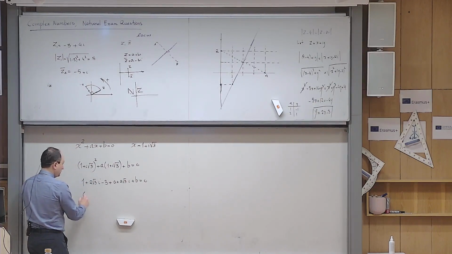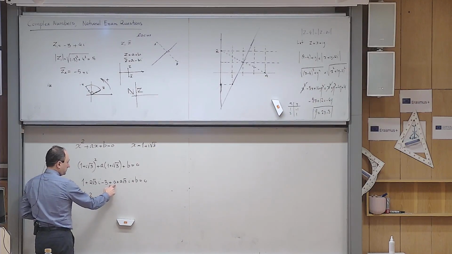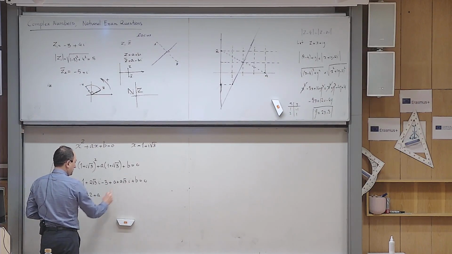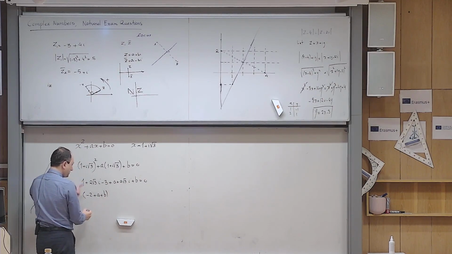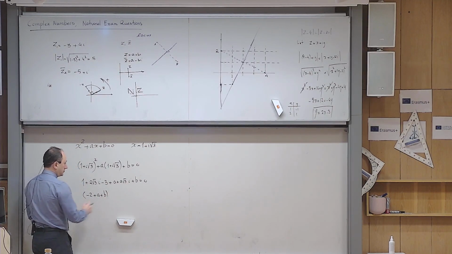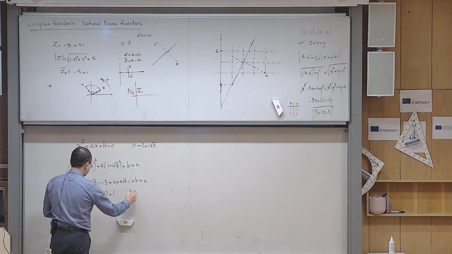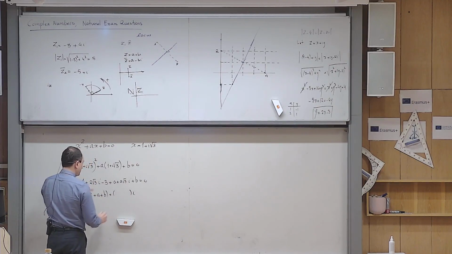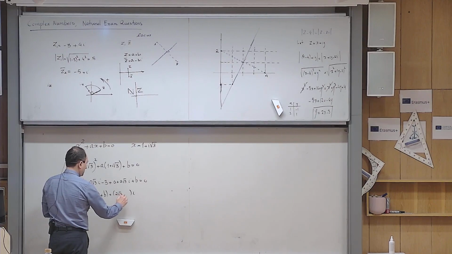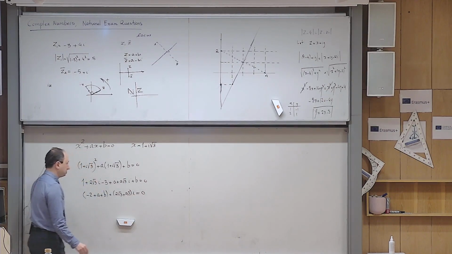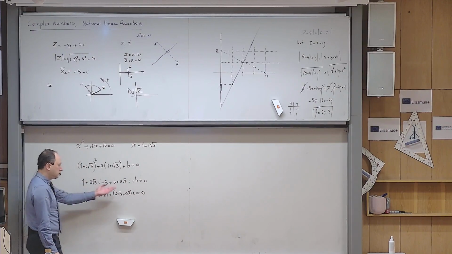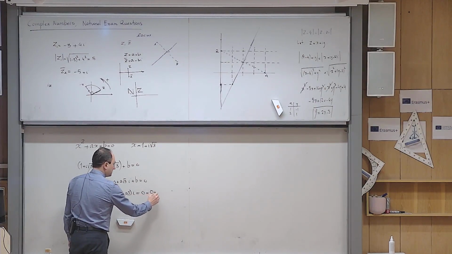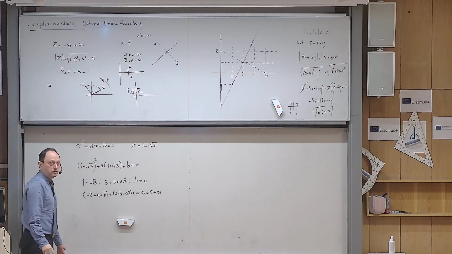And then you need to collect the real parts. 1 minus 3 is minus 2. Another real part is a. Another real part is b. They combine together as the real part of the left side. And then I factor an i out. I have 2 square root of 3 plus a square root of 3. And this is supposed to be 0. But 0 should be interpreted as 0 plus 0i.